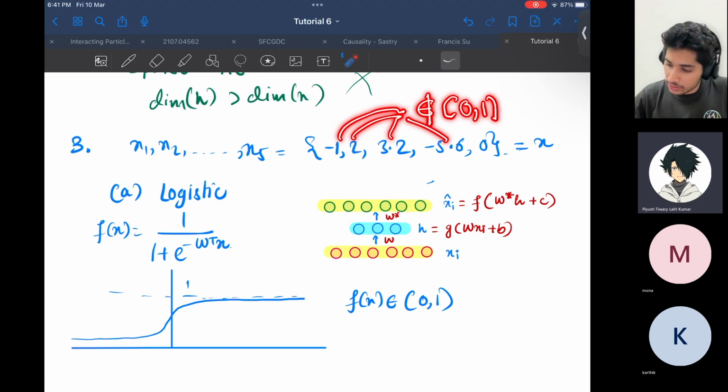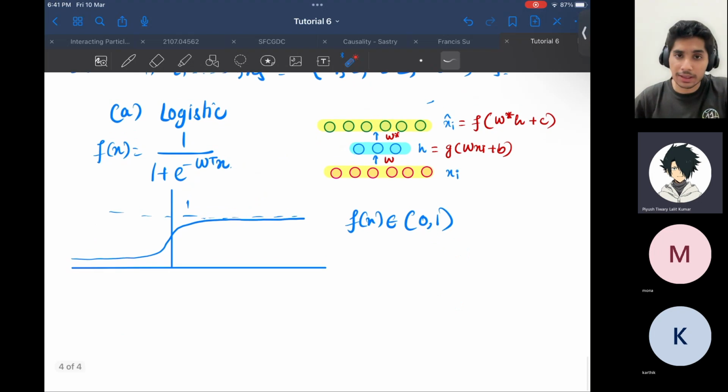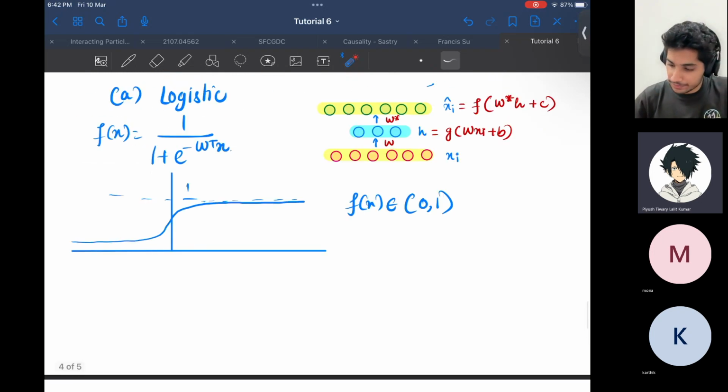So a choice of logistic function will not be a good idea, right? I hope you get my point. This is a simple thing, I'm just thinking aloud whatever my arguments are.